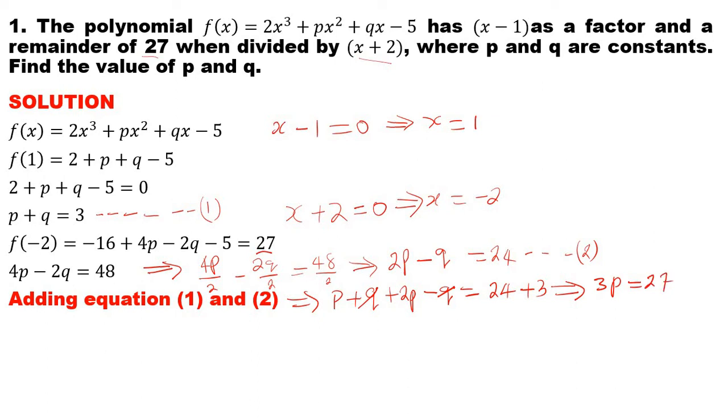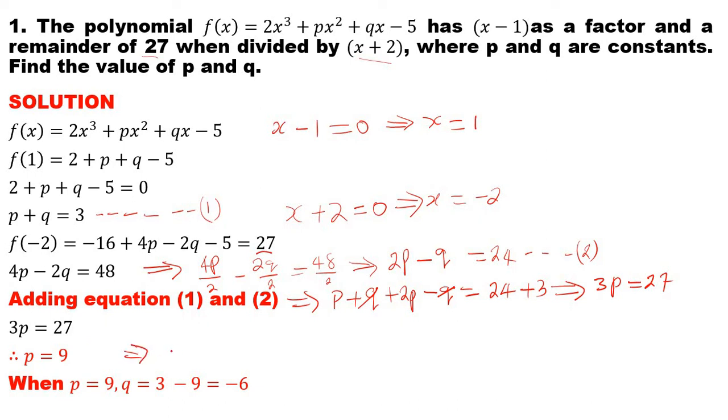So that is it. So I have 3p equals 27, divided through by 3, and that gives me p to be 9. So all I need to do is to put p equals 9 in equation 1. So if I do that, I will have this.